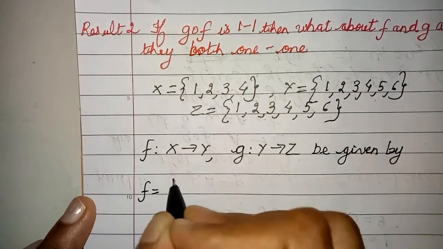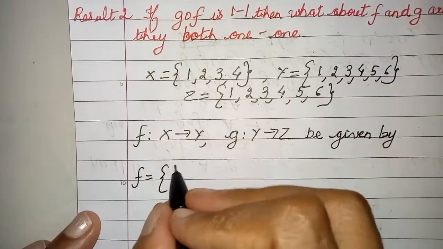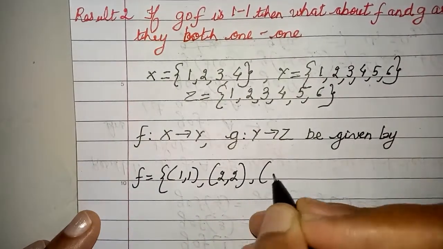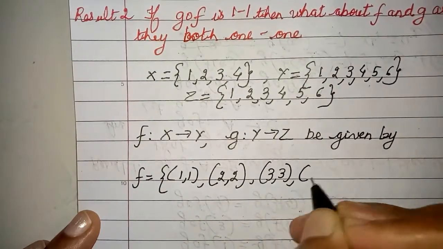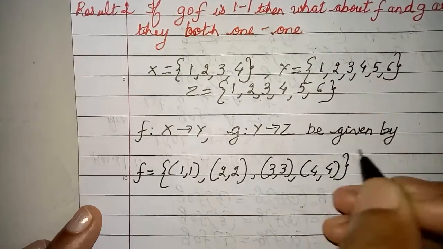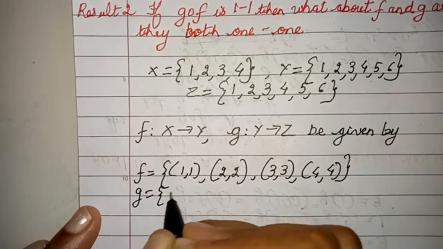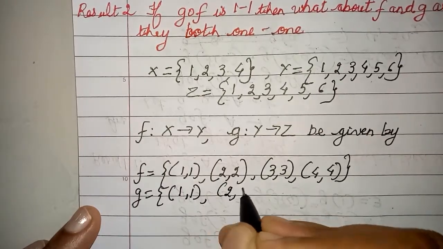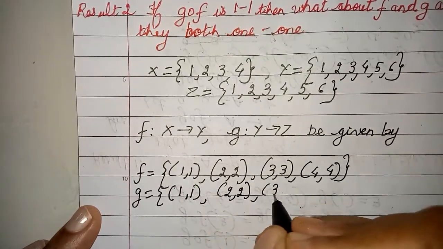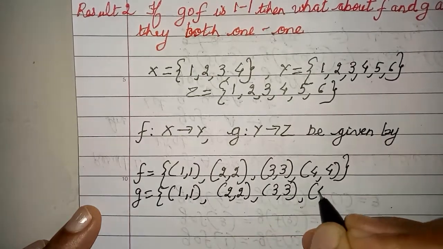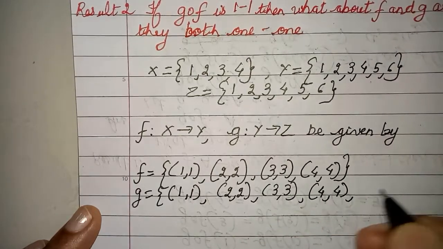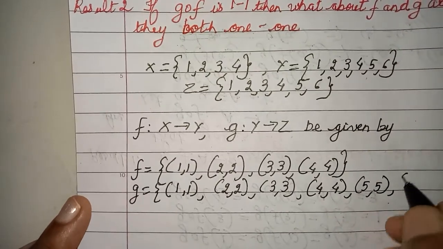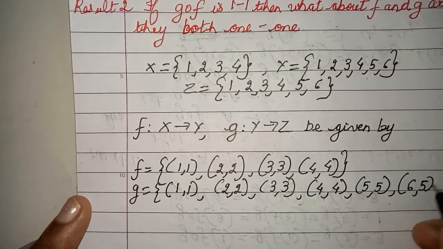Inside f the elements are 1 to 1, 2 to 2, 3 to 3 and 4 to 4. In my g I have 1 to 1, 2 to 2, 3 to 3, 4 to 4, 5 to 5 and 6 to 5.